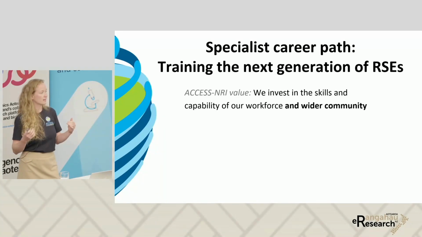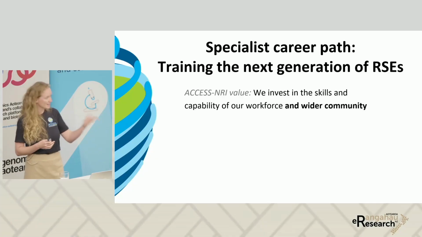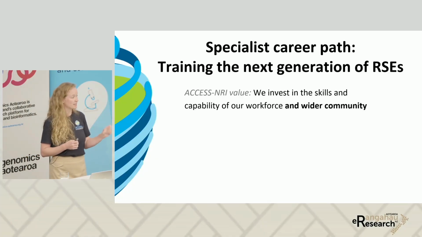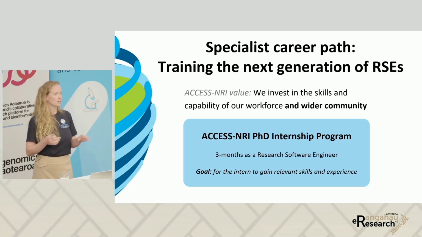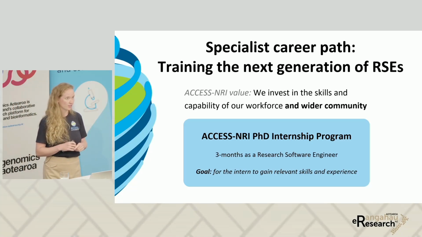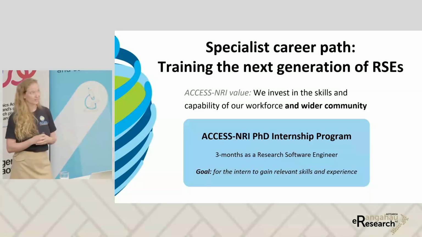But we're not just supporting our staff. We're interested in training the next generation of research software engineers, so helping this career path in general. So the same value, we invest in the skills and capability, not just of our workforce, but of the wider community. And the example I'll share with this one is our ACCESS-NRI PhD internship program. This is actually a program I'm running, and it allows PhD students from select Australian universities at the moment 3 months as a research software engineer with us.